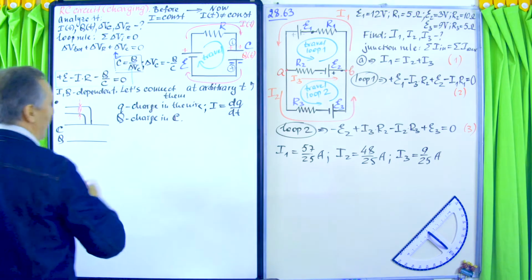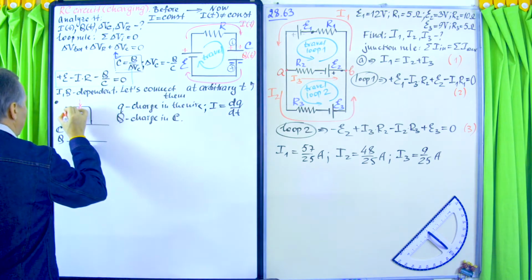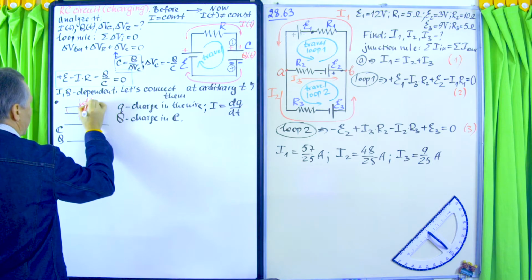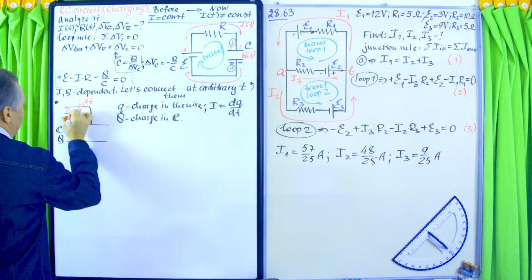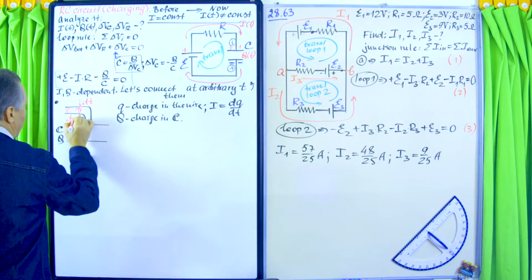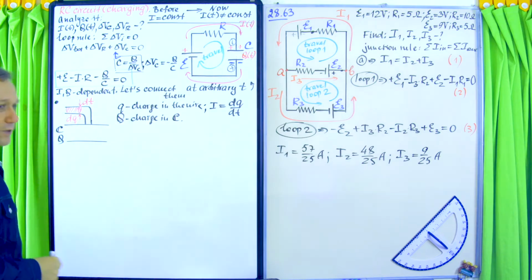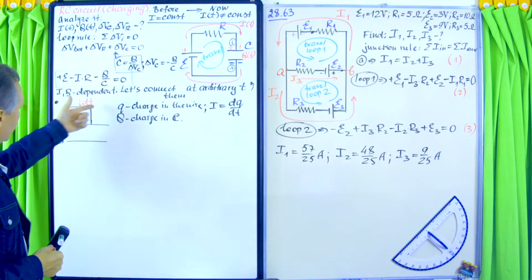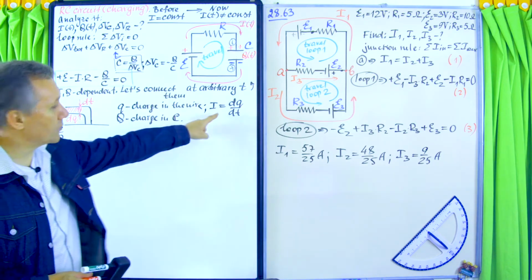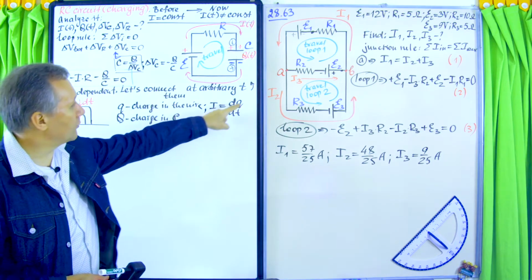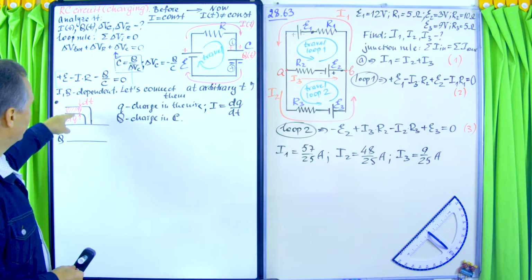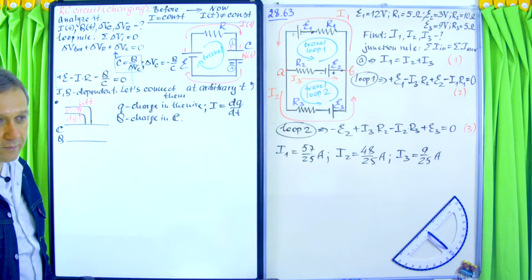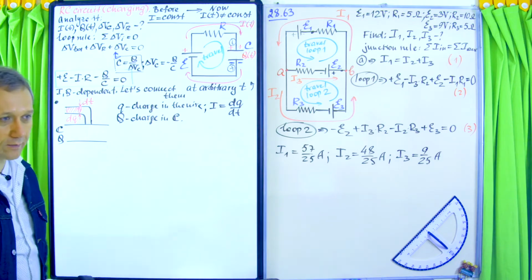It's the same here. If you observe over a period of time dt, and this amount of charge dq crosses this cross-section, then dq over dt is the definition of the current.